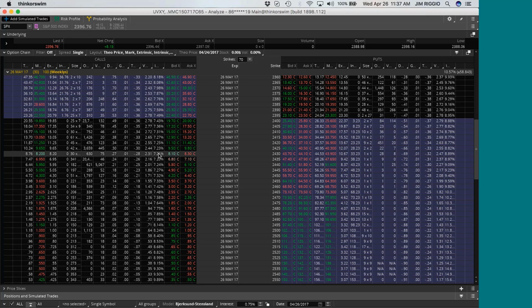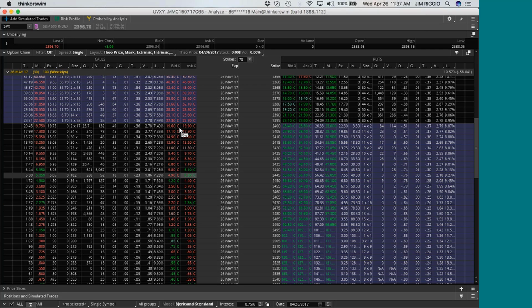What ends up happening is that these options become so inexpensive in terms of their price, compared to these, that the slightest little change, adding a nickel to the bid ask of the 2440 call, is going to have a much bigger percentage change than, say, looking at the money if it moves a nickel.